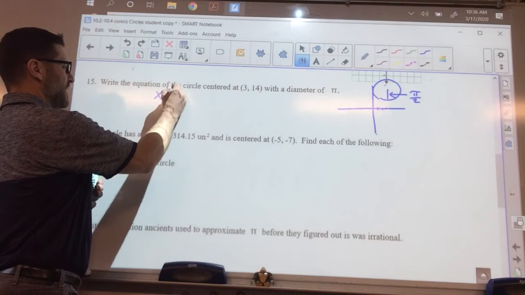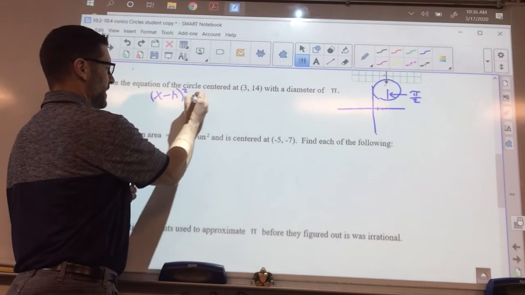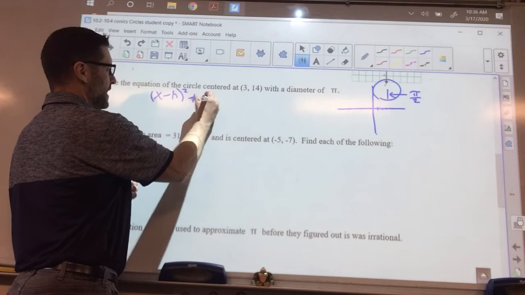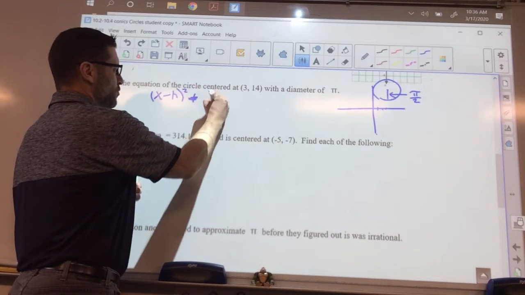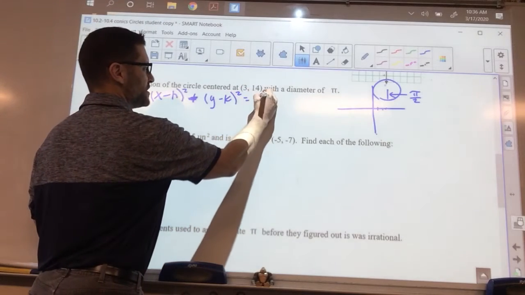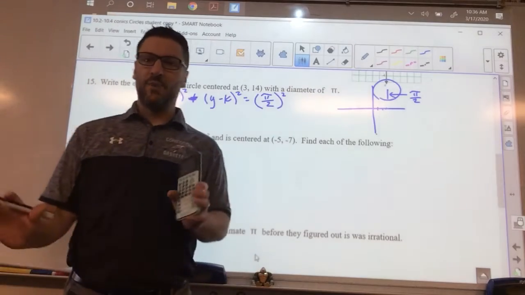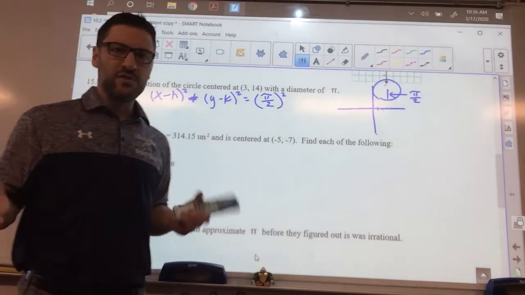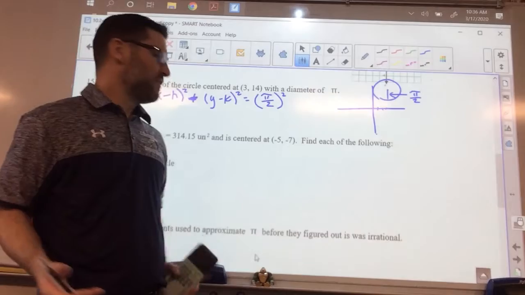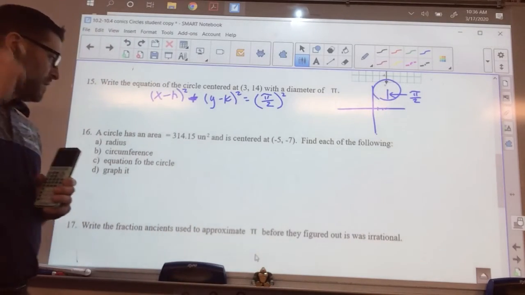And we'll go x minus h squared plus y minus k squared equals the radius, which is pi over 2 squared. Pi over 2 times pi over 2 is pi squared over 4, is how you write that radius, and you can go from there.